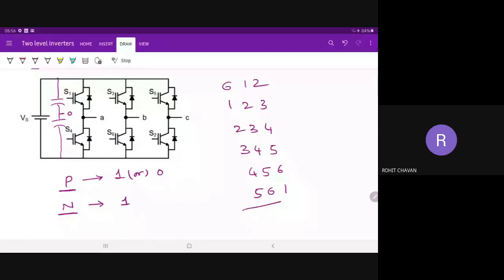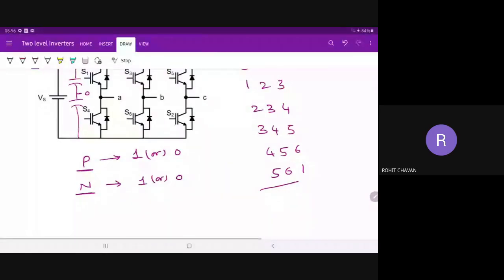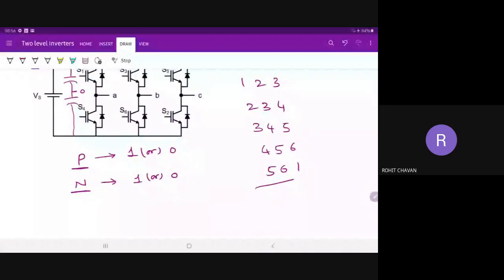If I assume that the P switching state corresponds to the upper switch, I don't want to confuse.